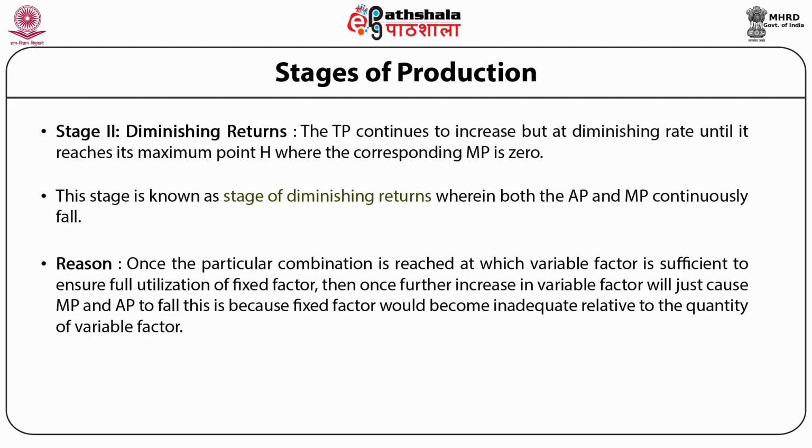This is because the fixed factor would become inadequate relative to the quantity of variable factor. Since the factors are imperfect substitutes for one another, we get the stage of diminishing returns.